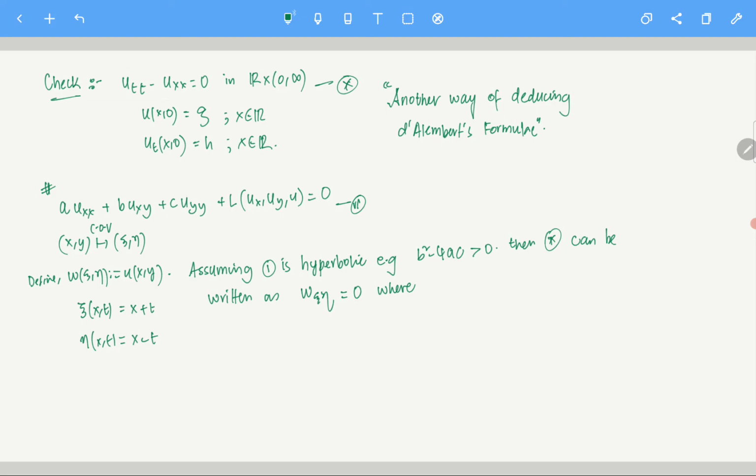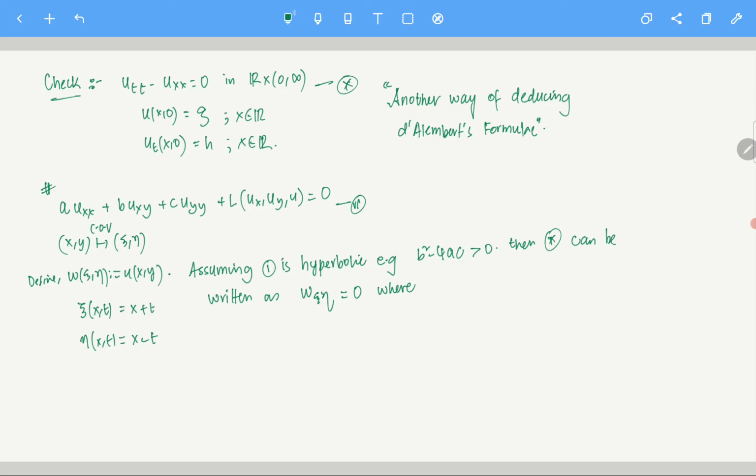So how do you deduce it? This is another way. Given a second order linear equation given by 6, you can of course show that there is a change of variable here. Basically the Jacobian of the transformation is non-zero.